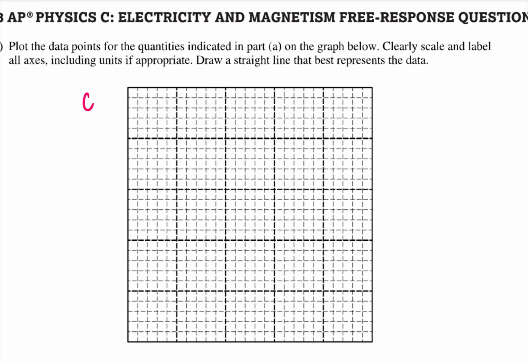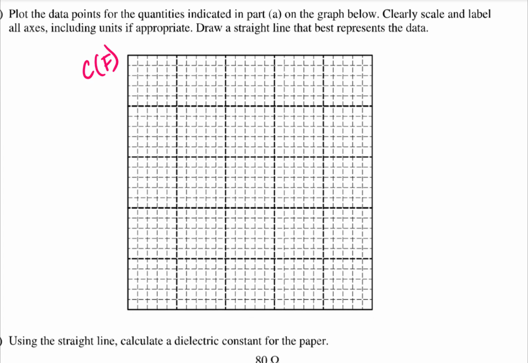We said that we would put the capacitance measured in farads on the vertical axis, and 1 over the distance separating the plates, meters to the negative 1, on this axis. It's telling me to label the axes, so that's the first thing I need to do: write down what's going on the axes and the unit that goes along with it, including units if appropriate. We've got units for all these.